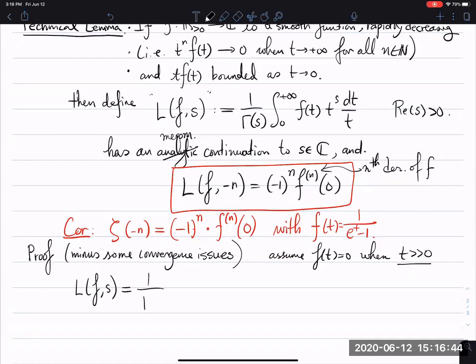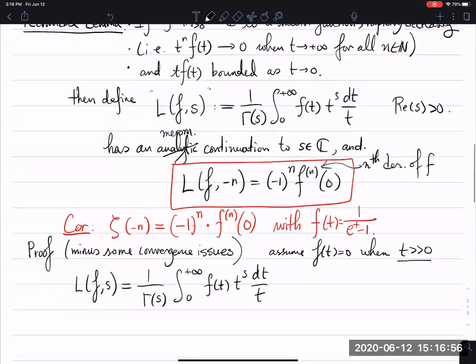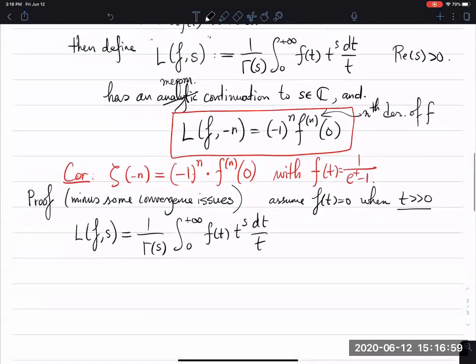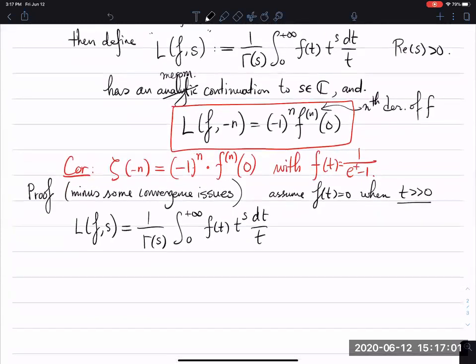So let's write down the definition and then do the calculation. I have this integration from 0 to infinity of f of t, t to the s, dt over t. Okay. So I'm going to do an integration by parts. How do I do that? I have this 1 over gamma s here.